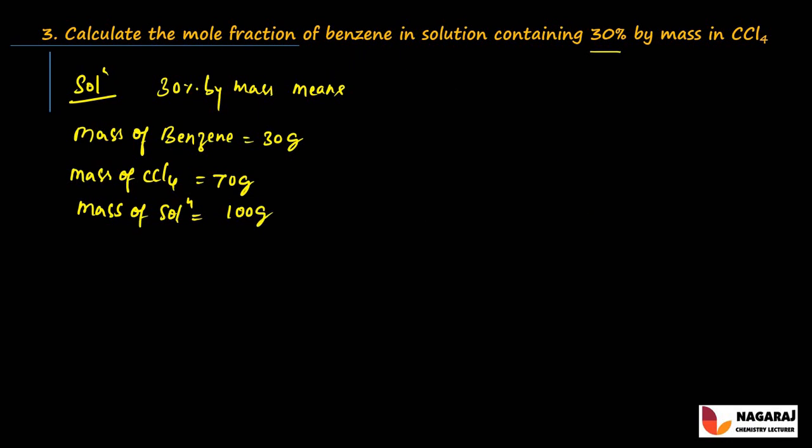So 30% by mass means 30 grams of benzene is dissolved in 70 grams of CCl4. Finally it gives 100 grams of solution.